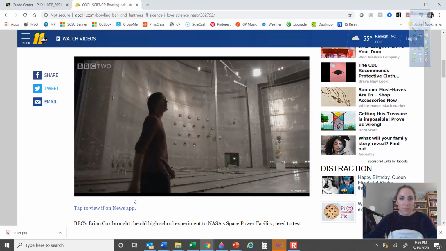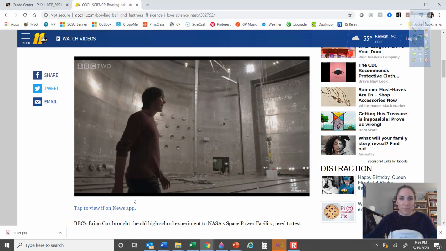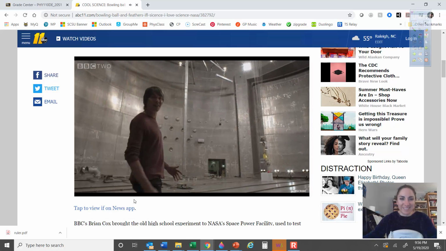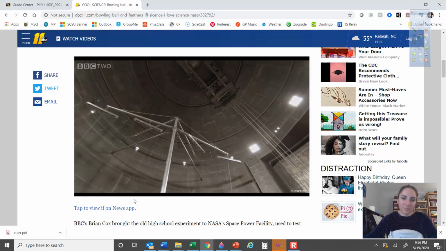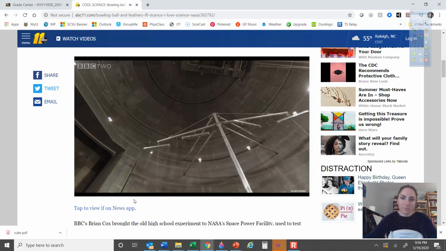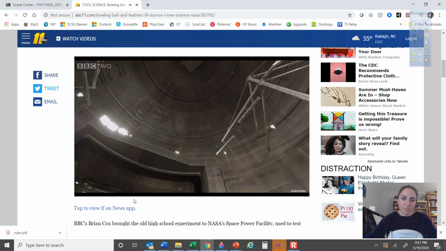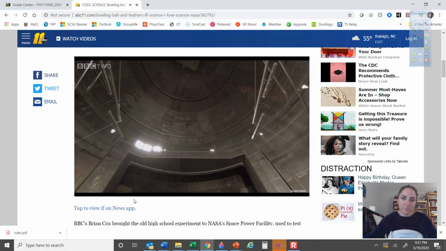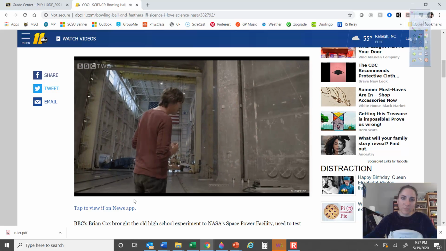So this is Brian Cox. This is NASA's Space Power Facility near Cleveland, Ohio, and it is the world's biggest vacuum chamber. It's used to test spacecraft in the conditions of outer space, and it does that by pumping out the 30 tons of air in this chamber until there are about 2 grams left. And it's got an eccentric construction, which is part of its history.